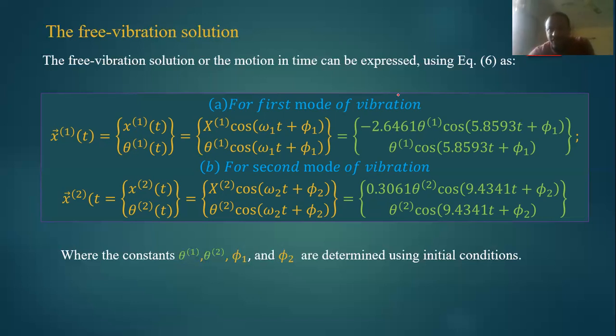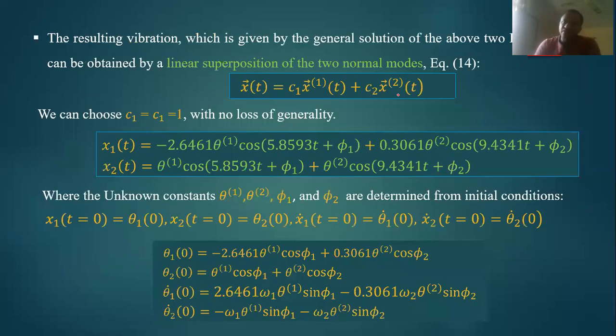Then finally we can get the general equation, the steady state equation of the system. So what will that be? x1 of t is equal to this, x2 of t is this. Then substituting the initial conditions, we finally find all the constants.